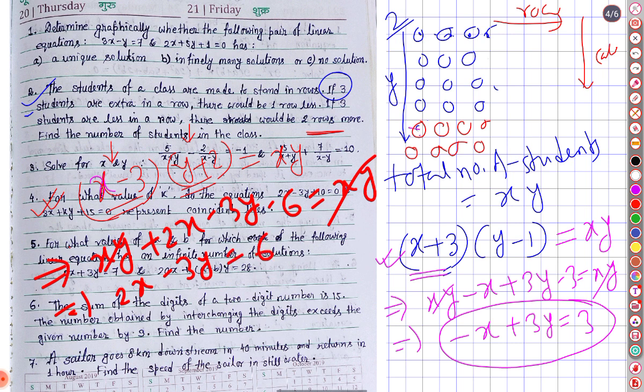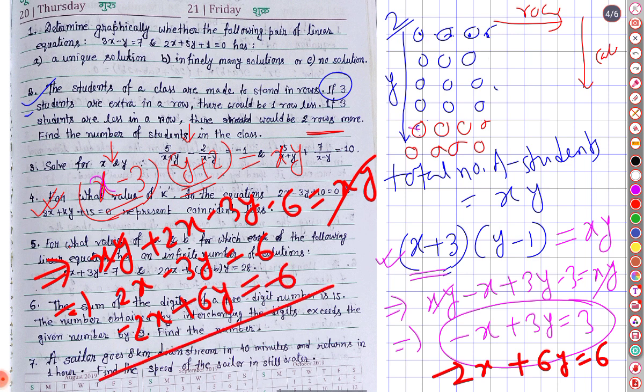Now you multiply this equation by 2, so this will be minus 2x plus 6y is equal to 6. Got it? If you put it here, minus 2x plus 6y is equal to 6, and if you add, then you will get 6 minus 3, this will be cancelled out. This is 3y is equal to 12, so y is equal to 4.